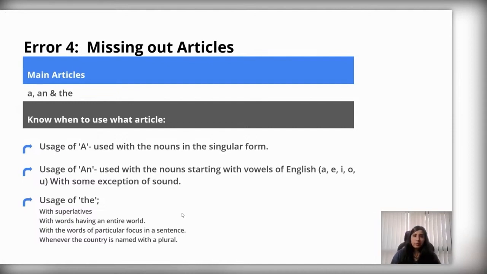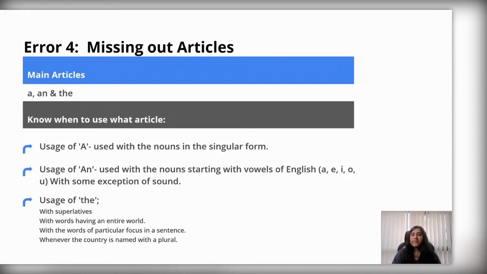Okay, so an apple, an elephant. And then the usage of the, right, with superlatives. So if you're describing something, oh, it was the worst, it was the best, or it was the most impressive thing I've ever seen. So those are superlatives. Also, with words having an entire world, right?